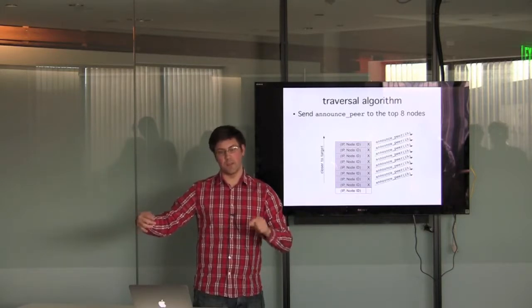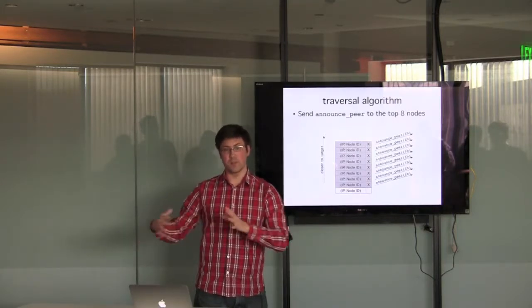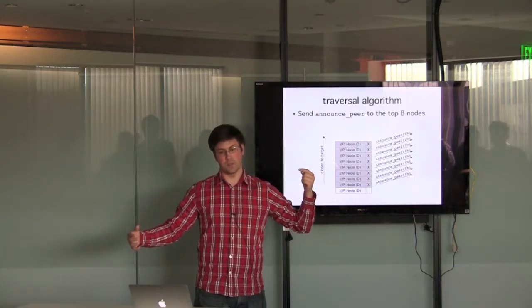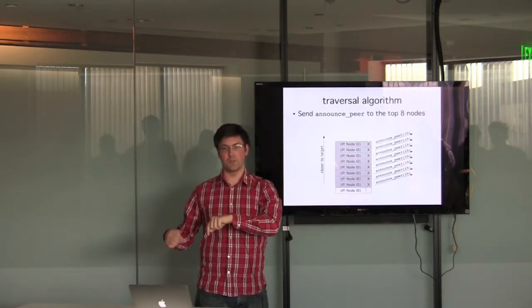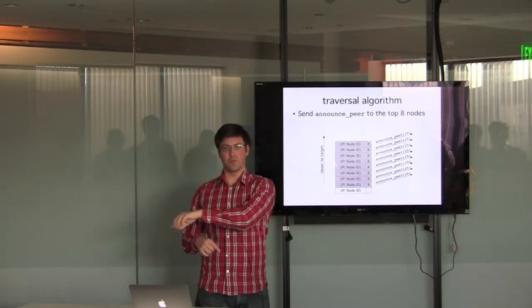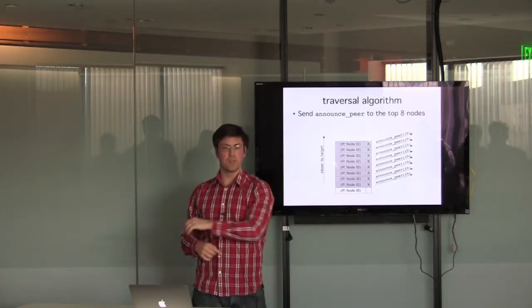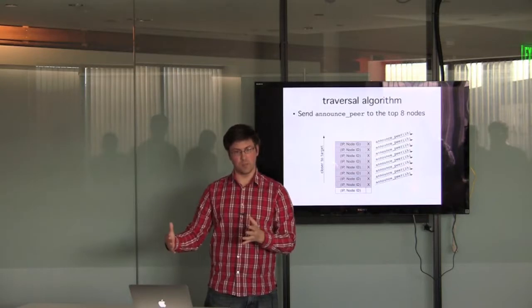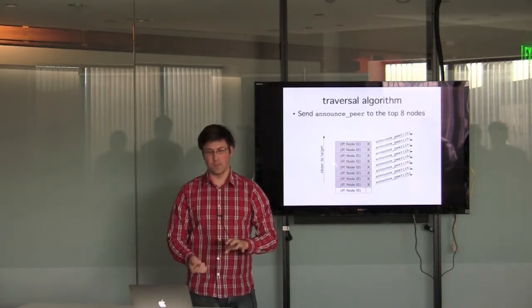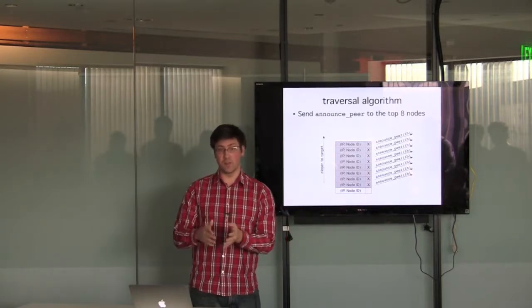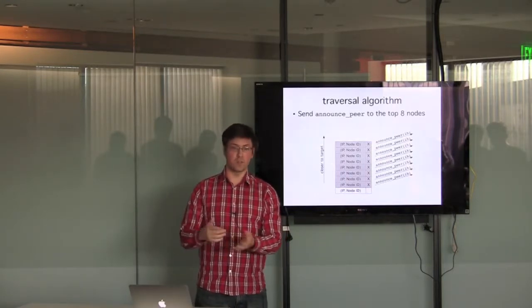And one of the properties that you have when this happens is people doing this traversal of get peers will actually come across nodes or peers before they find the 8 closest nodes. So it's very resilient in that sense. And in fact, there are a lot of other problems on the internet that cause this to happen.